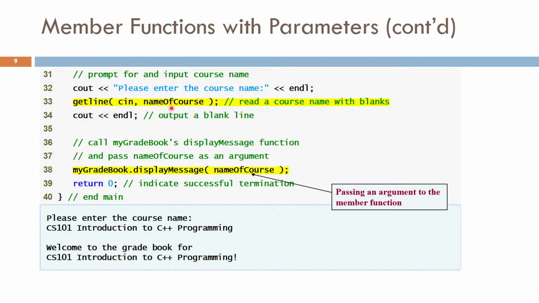Then we pass this string that grabbed the console input into our displayMessage method that is encapsulated in our myGradeBook object. Once we run this code, if we enter an input, the output generated is this message, where our string from the input line is output on the console screen as required.